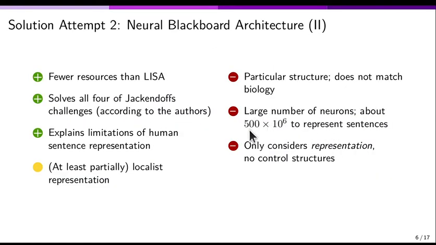It still needs a fair number of neurons. If you want to have human-sized vocabularies and represent fairly simple sentences, so sentences of like 8 to 10 words, we're still starting to hit something like 500 million. That's less than is in the whole brain, but it's still a big chunk of the brain.